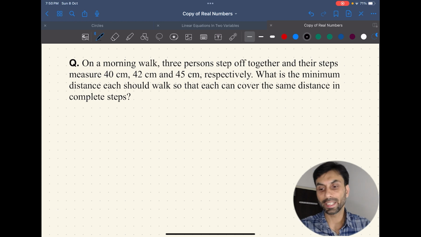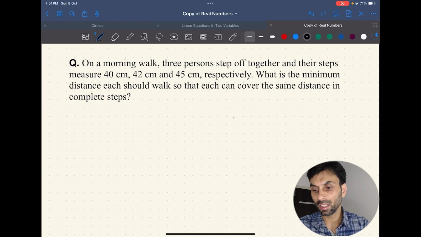Let's talk about what types of problems they can give. Here the question says that on a morning walk, three persons step off together, and their steps measure 40 centimeter, 42 centimeter and 45 centimeter respectively. What is the minimum distance each should walk so that each can cover the same distance in complete steps?